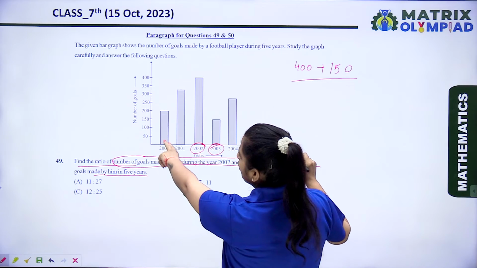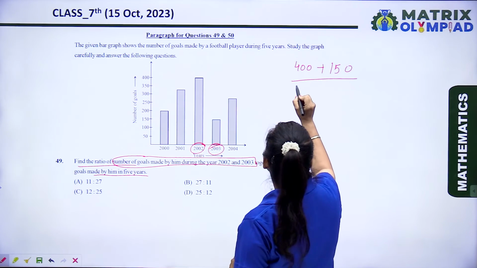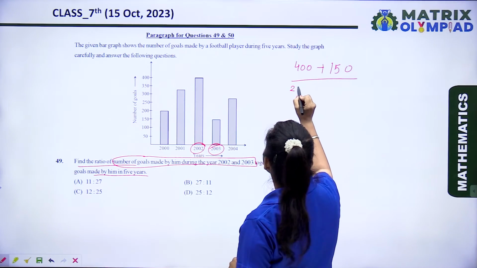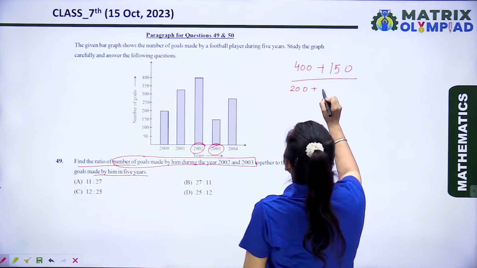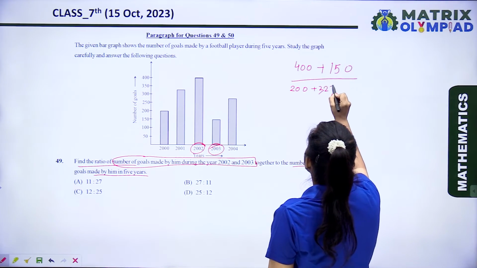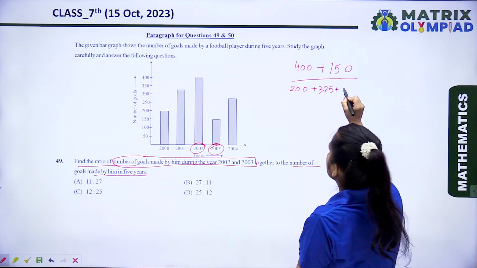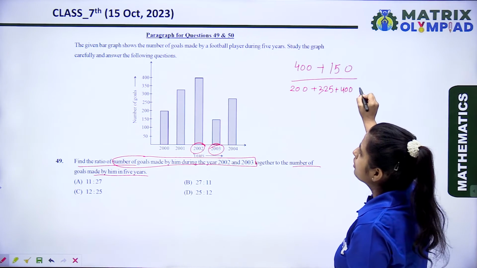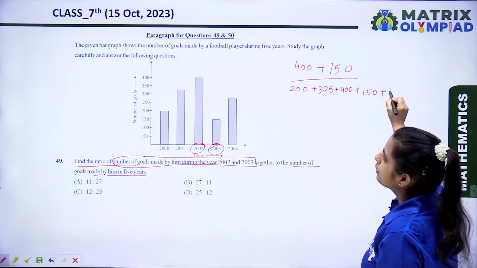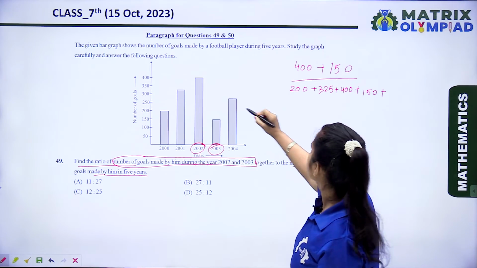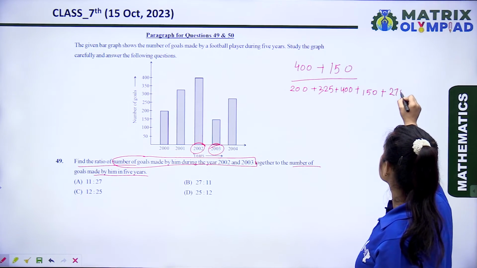Let's check the number of goals in 2000, here, that is 200 plus 325 plus 400 plus 150 plus 275.